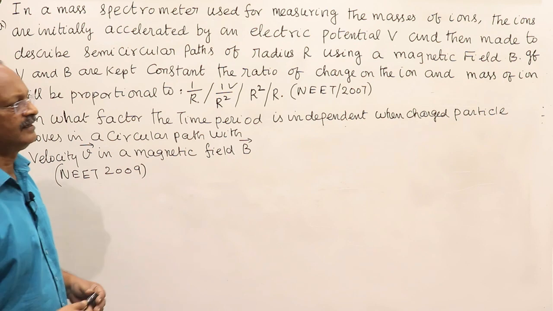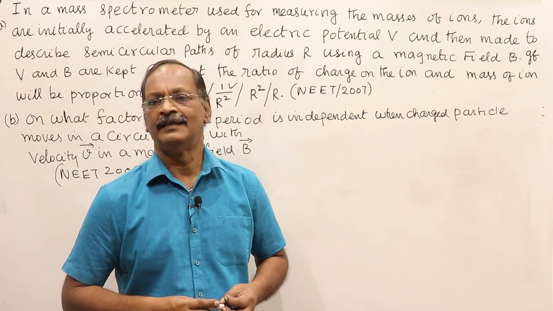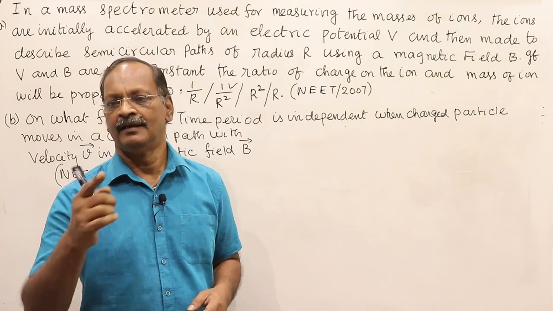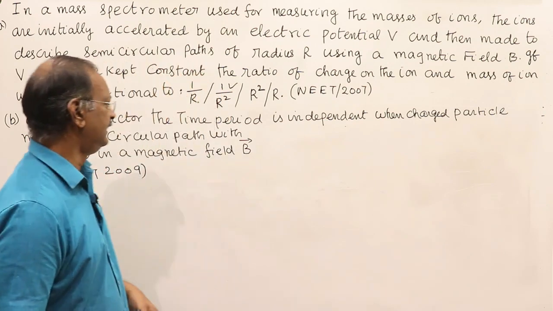Added one more question which was asked in NEET 2009. When a particle is undergoing a circular path, on what factor does the time period of the particle not depend?